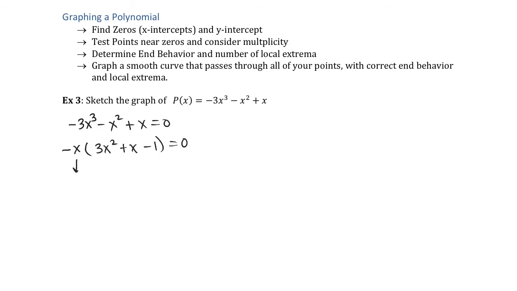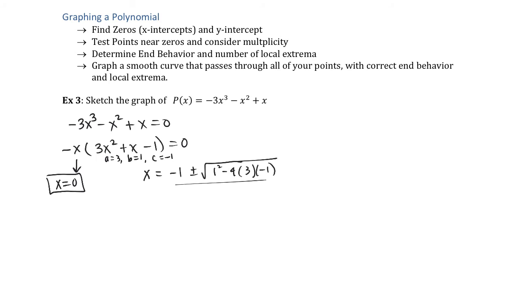Okay, and then the zero product property tells me x equals 0. That's one zero, and then I'm going to use the quadratic formula to find the others. So a is 3, b is 1, c is negative 1. So x equals the opposite of b plus or minus the square root of b squared minus 4 times a times c, so just plug in those values, all over 2 times a.